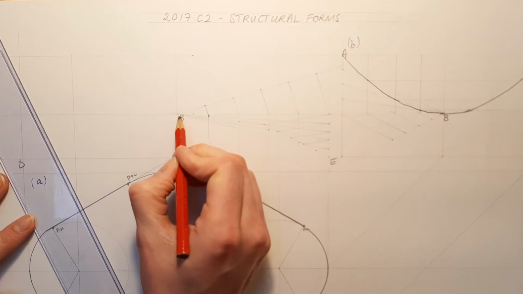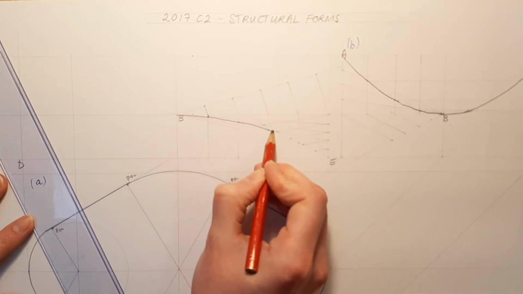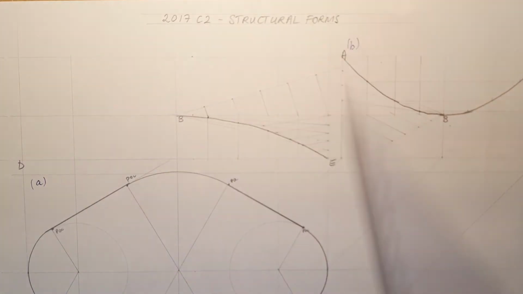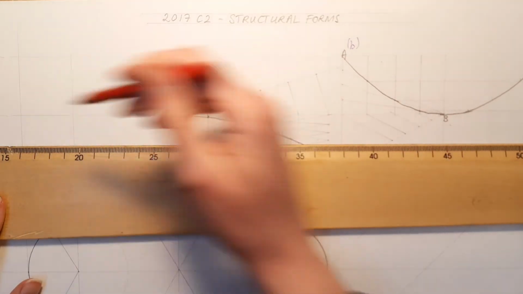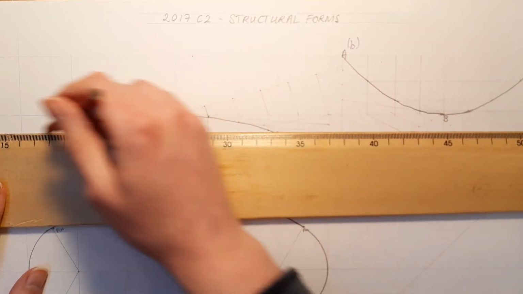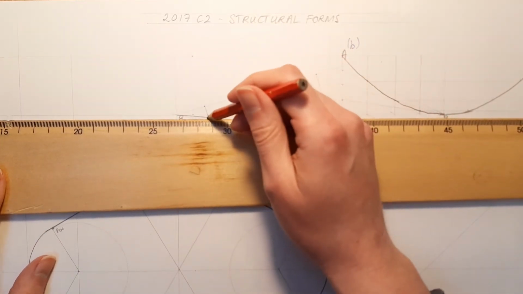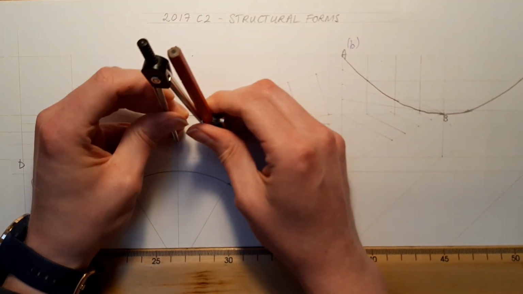I'm just going to draw that in just so I'm not getting confused with all of the construction points that I've drawn in. Okay. Transfer these to the other side. Okay, again, grab your compass in order to do that.